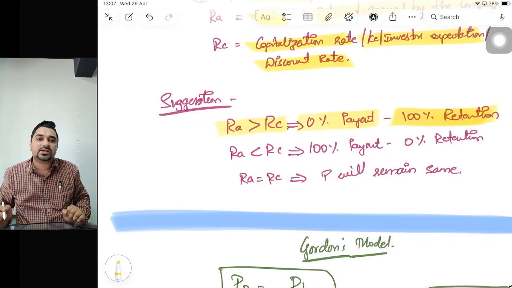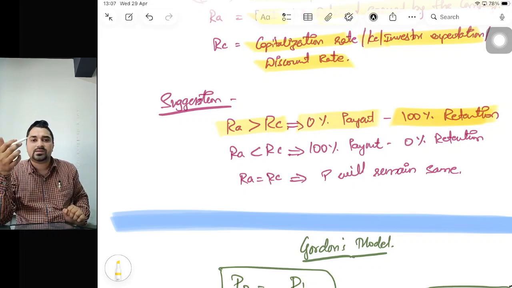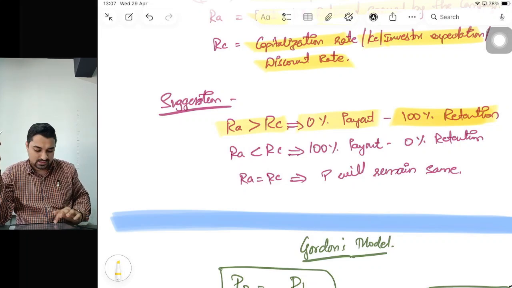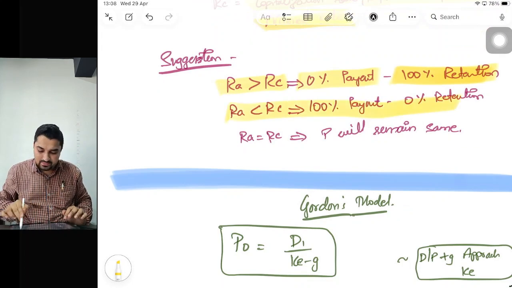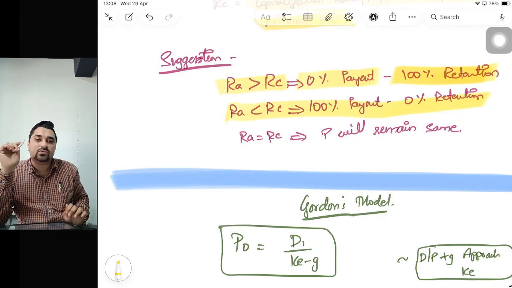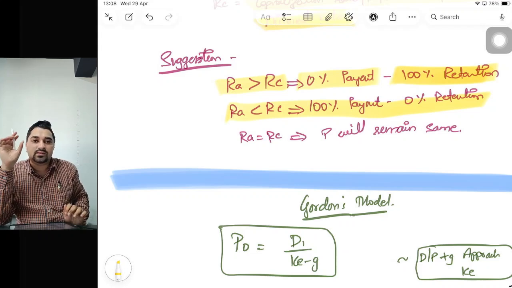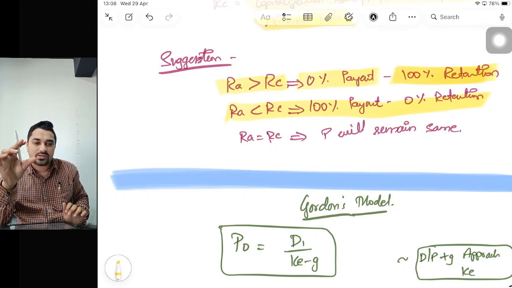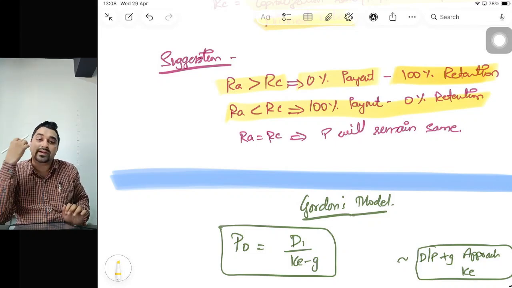Why? The shareholders' wealth is being maximized where? In the company or the market? The answer is in the company, because I'm earning 20%, the market is only giving 15%. Now the other way around. What if my company is earning only 15% return, whereas the market is earning 20% return? In that case, Walter says, when your equity shareholder has an opportunity cost where he can earn 20%, and your company is only earning him a return of 15%, you don't keep his money, give the entire money as dividend.